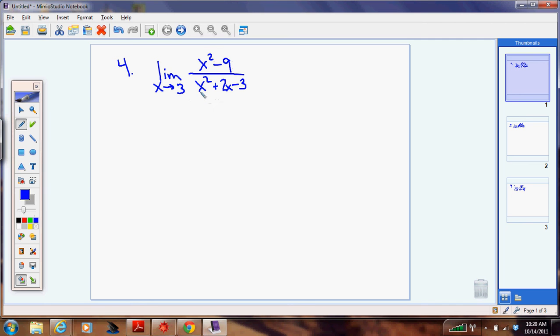Plugging 3 into the denominator, we get 3 squared, which is 9, plus 2 times 3, or plus 6. 9 plus 6 is 15, and minus 3 is 12. So this is easily evaluated through direct substitution. This becomes 0 divided by 12, and anything that's 0 divided by any non-zero number is 0.